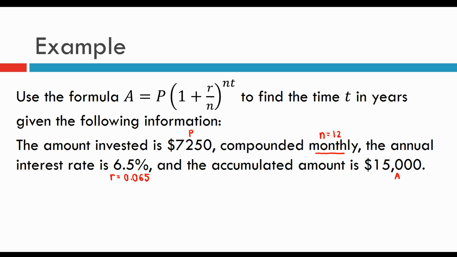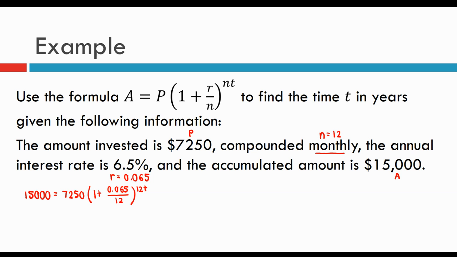So that's my A. Okay, so I'm going to substitute in everything that I know. Remember, we're going to try to find t. So that's why we don't know what t is. So we're going to have 15,000 equal to 7,250 times 1 plus 0.065 divided by 12. And that's all raised to the 12 times t power.